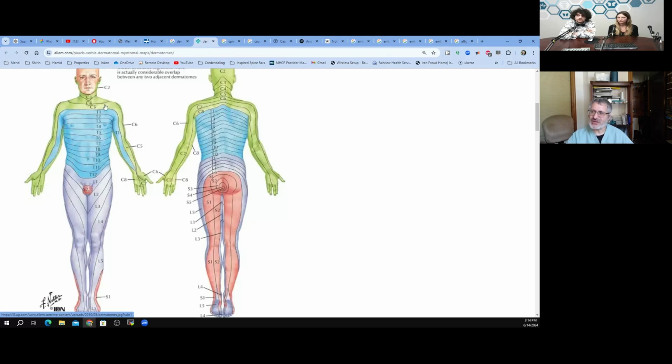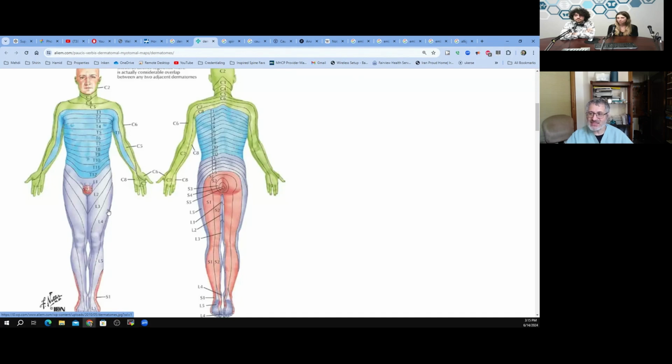Obviously, shoulder is C4-5, thumb is C6, middle finger is C7, pinky is C8. Nipples are usually T4-5. Belly button is T10. Groin is T12-L1. Usually L1-2 is front of the thigh.